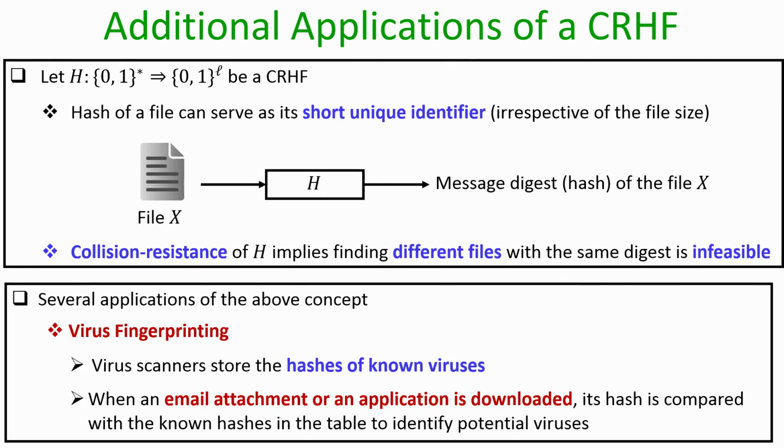And if there is a match, then an error message is given to us that it suspects that the attachment we have obtained or the application we have downloaded contains a potential virus.